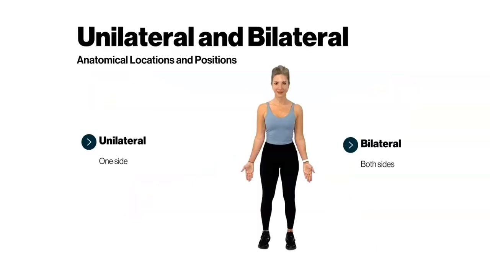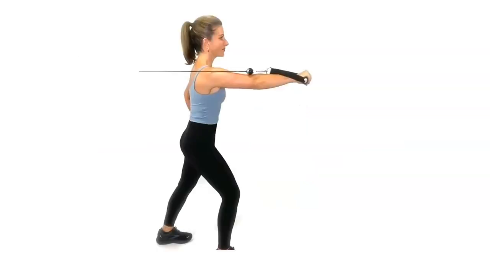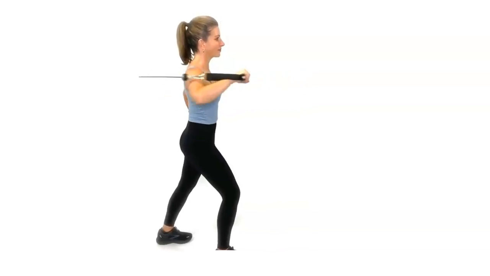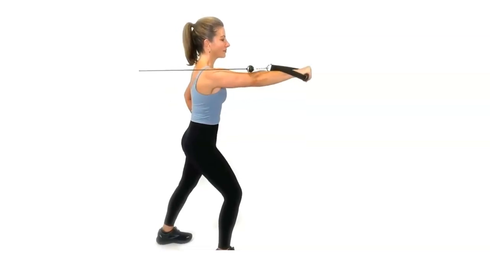Unilateral refers to doing movements on one side, while bilateral refers to doing movements on both sides. For example, in this movement, how would you describe it? It's unilateral.